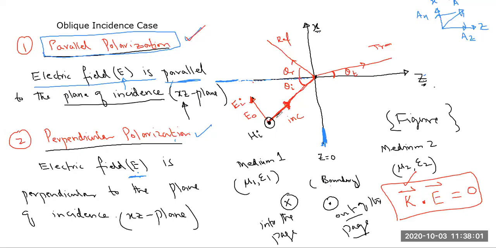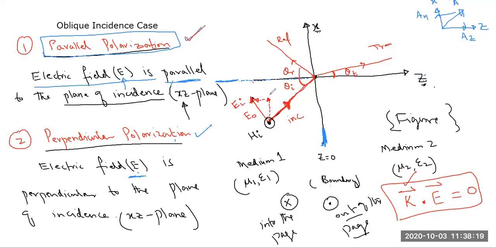There are two possibilities. You can resolve it like this. Let me draw it. You can assume that this vector will have this component and this component.